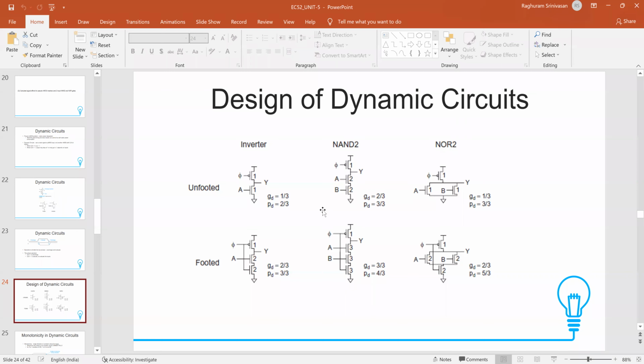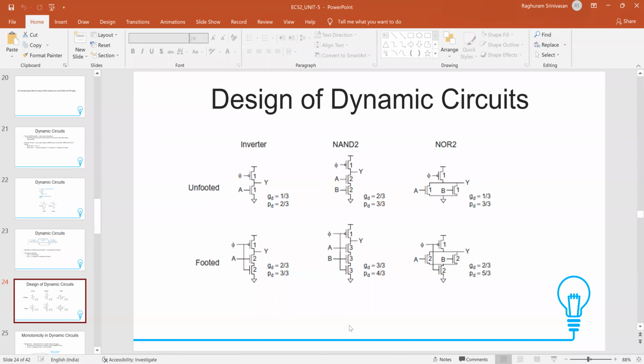And when we are sizing these transistors, we also have to treat this footer transistor as a normal transistor. So all 3 together have to give me resistance equal to R. Just like you do for a 3-input NAND gate, you put 3, 3, 3. Here also you do the same thing, put 3, 3, 3.